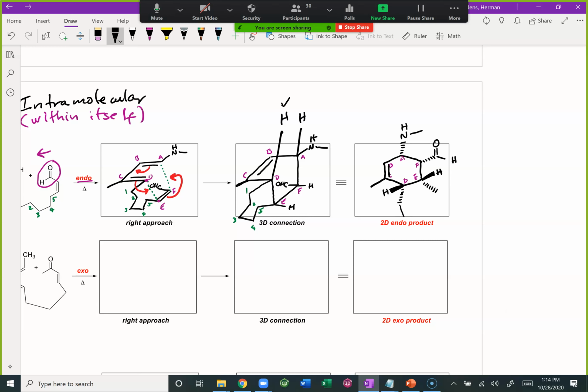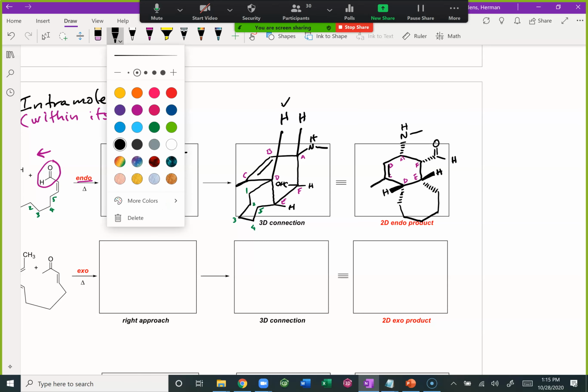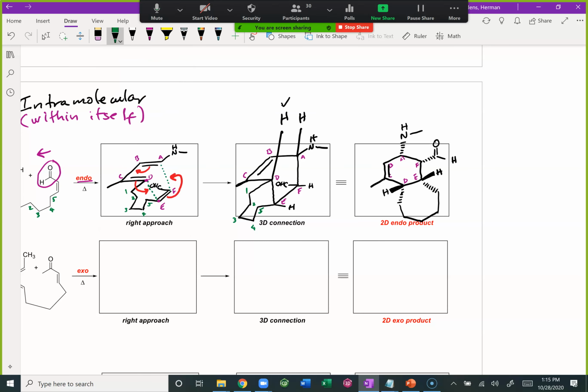And so I have a 7-member ring. 1, 2, 3, 4, 5, 6, 7. All right, so I'm going to label that with the green. And this is carbons 1, 2, 3, 4, and 5.